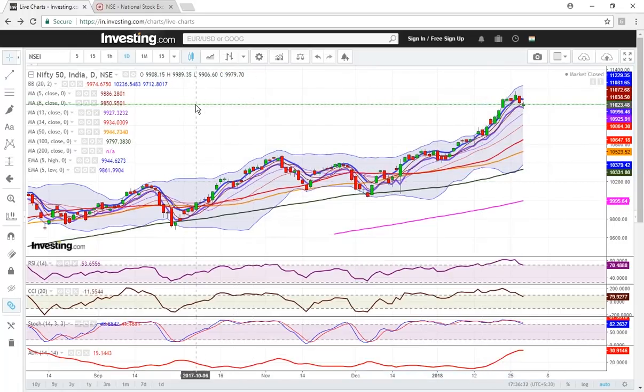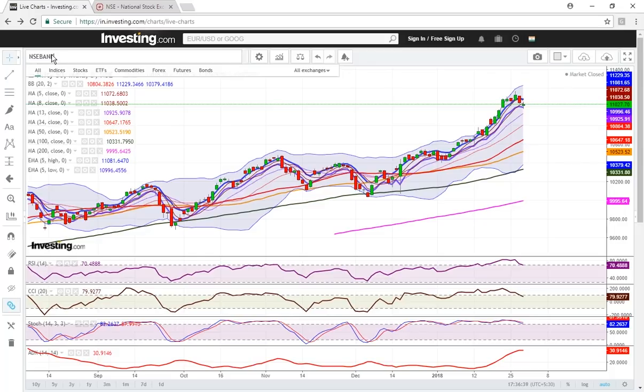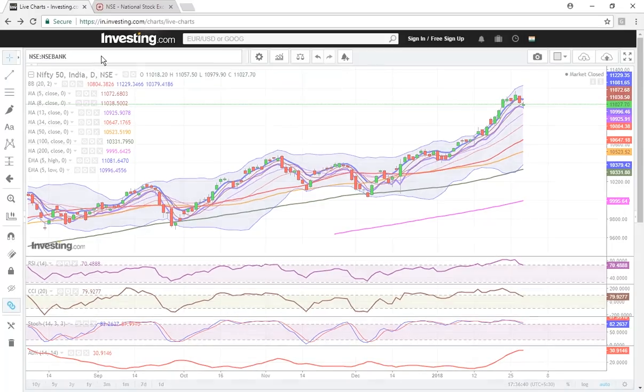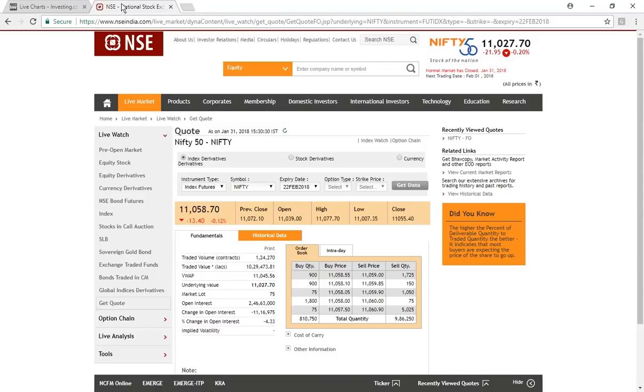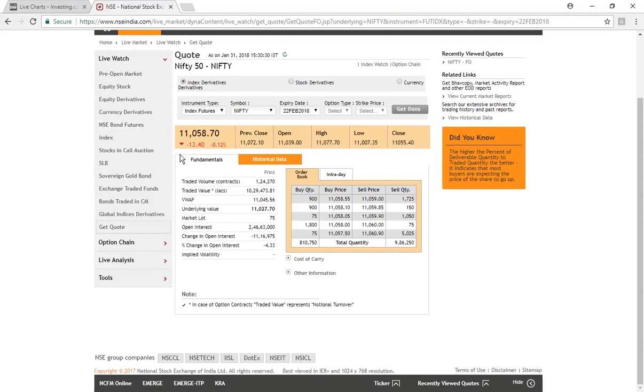Now, one thing you should understand, these are based on Nifty and spot Bank Nifty. But when you are trading in the market, suppose in Nifty, the Nifty future, the February contract is right now trading at 11058 and the underlying spot is 11027. So there is a premium of close to 31 points.